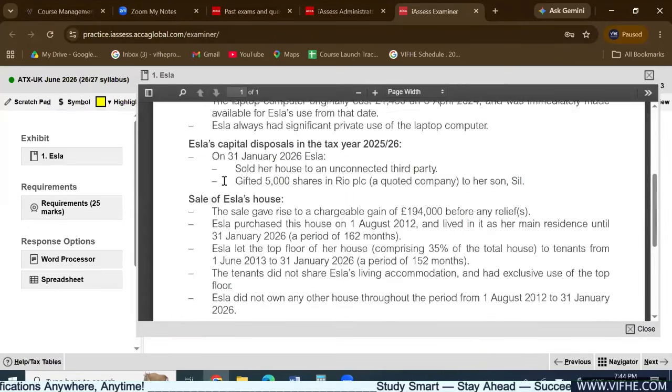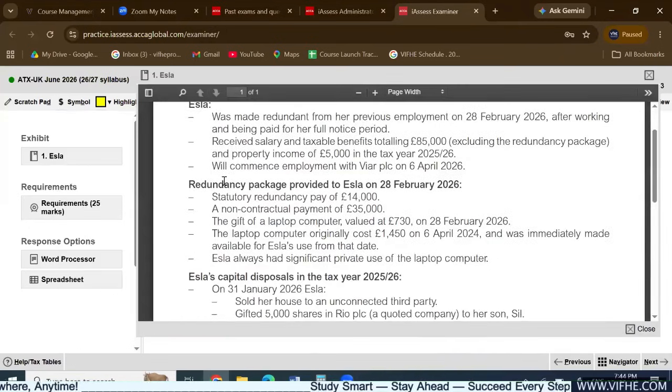I'm just going to take you to the exhibit. Could you see what the statutory redundancy payment is? It is £14,000, but I hope you remember that whenever the statutory redundancy payment is given, that is completely exempt. Though on the other hand, this would tend to reduce the exemption for the ex gratia payment, as this non-contractual payment will fall in the ex gratia payment.